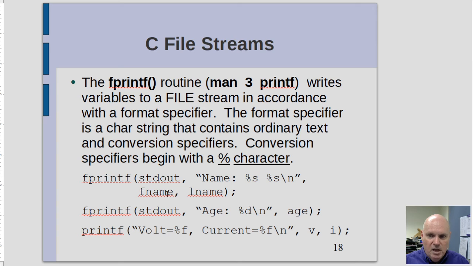These arrays need to be 0 terminated, so the last element of the string has to be a binary 0. Okay, not an ASCII 0, but a binary 0 indicating the end of the C string. And then the corresponding format converter for an integer is %d. For floating point numbers, it's actually %f.